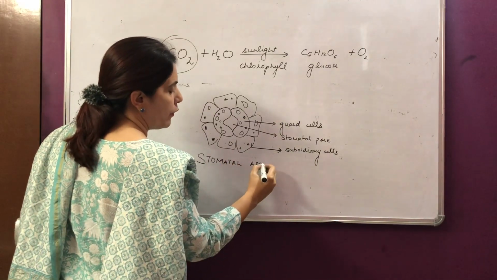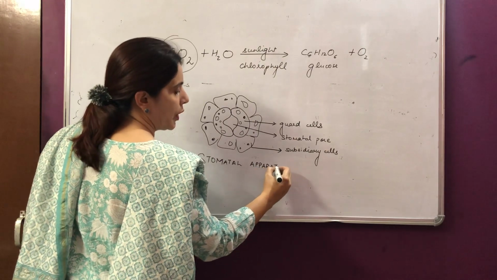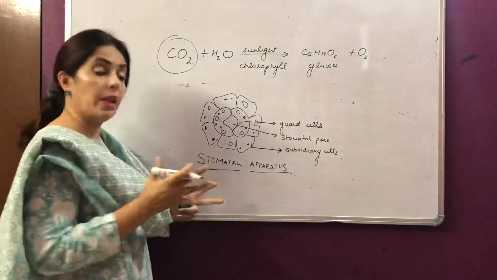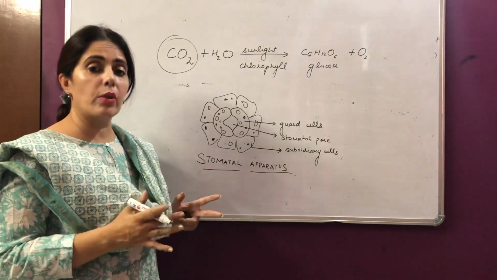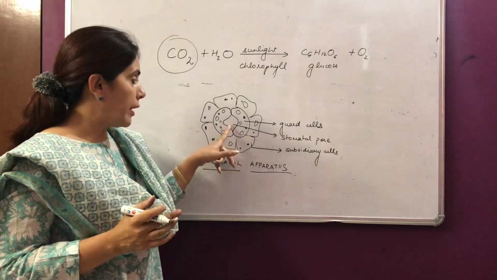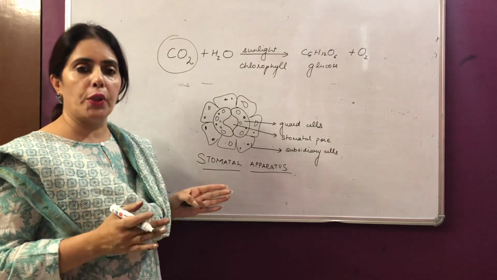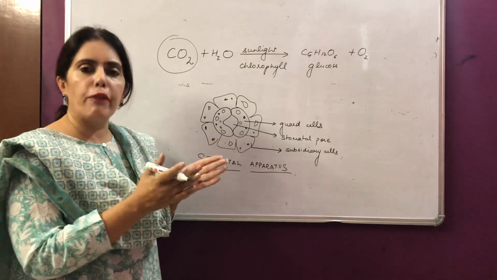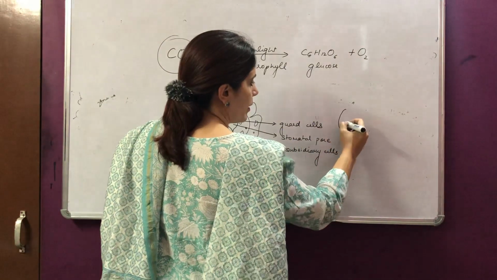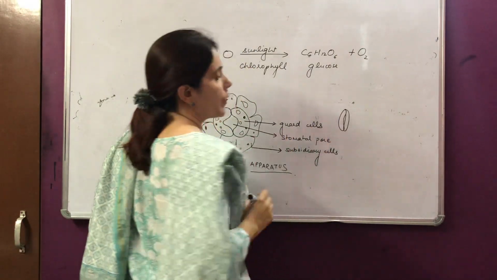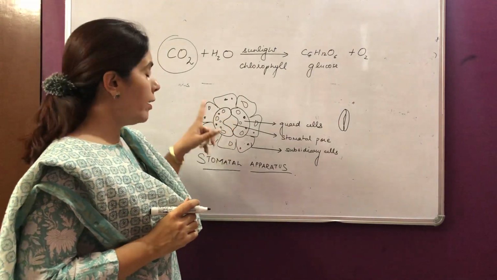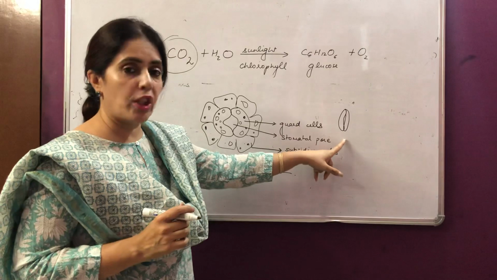Now this stomatal, if the plant is well watered, then the cells are going to be turgid, and when the cells are going to be turgid, the pore is going to be open, right? But if there is any deficiency of water, then what happens? The guard cells become flaccid. In the absence of water, transpiration cannot take place.